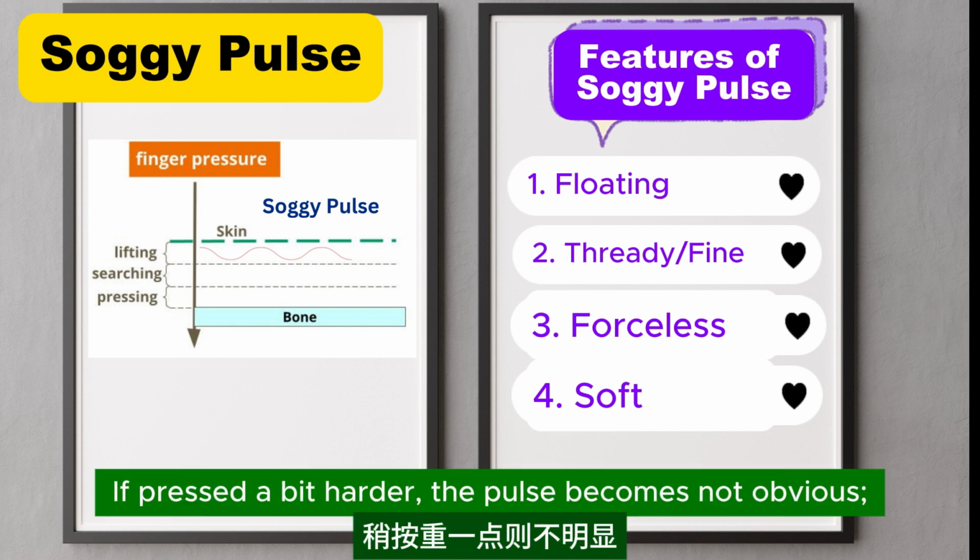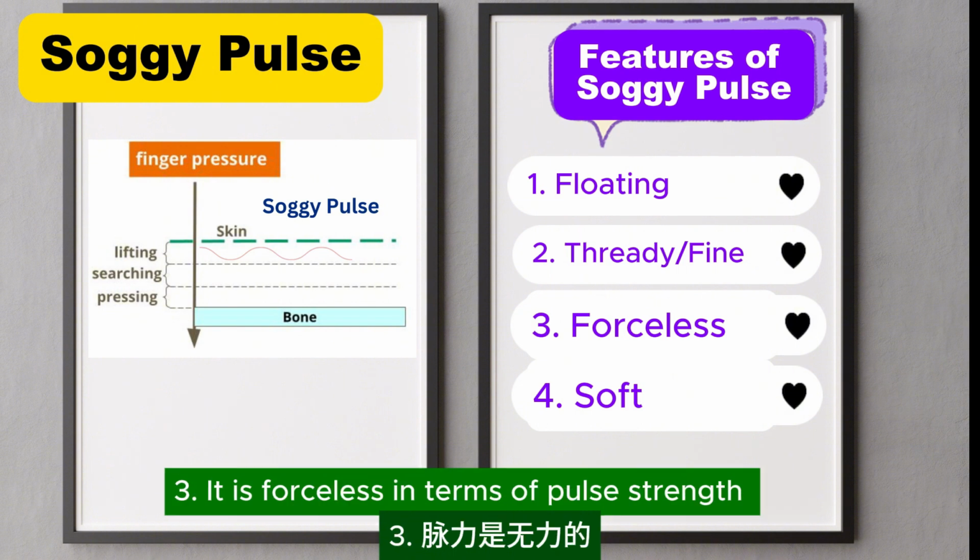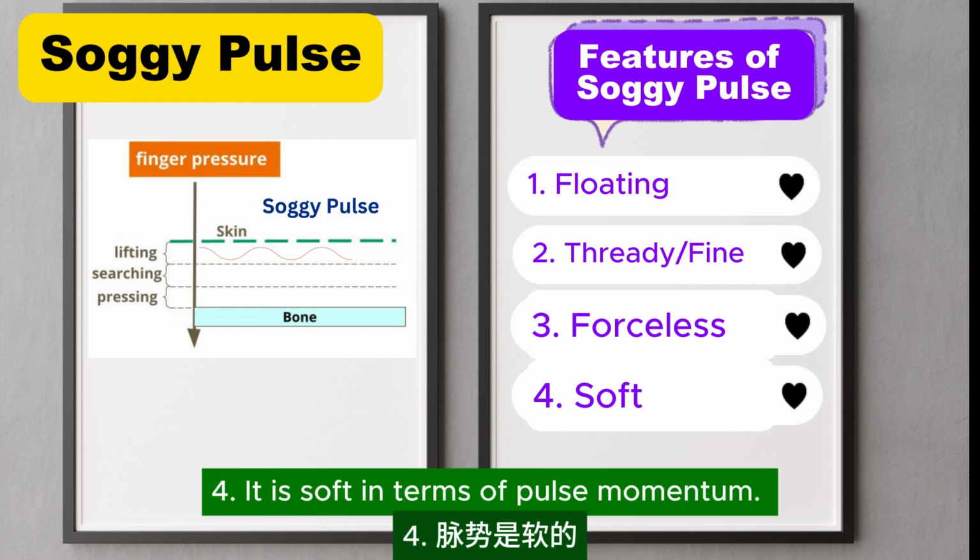If pressed a bit harder, the pulse becomes not obvious. 2. It is fine or thready in terms of pulse shape. 3. It's forceless in terms of pulse strength. 4. It is soft in terms of pulse momentum.